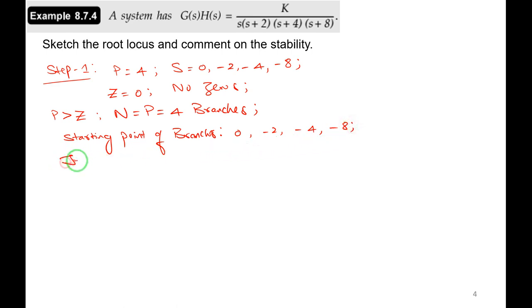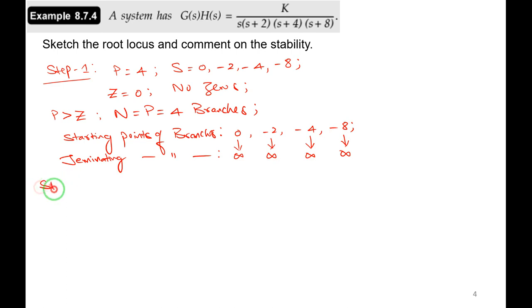Next, terminating points of branches. Since no zeros are available, all the branches will move towards infinity. From 0, this branch will move towards infinity. From minus 2, this branch will move towards infinity. From minus 4, this branch will also move towards infinity. From minus 8, this branch will also move towards infinity, right?